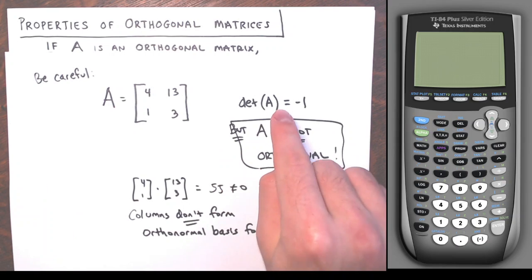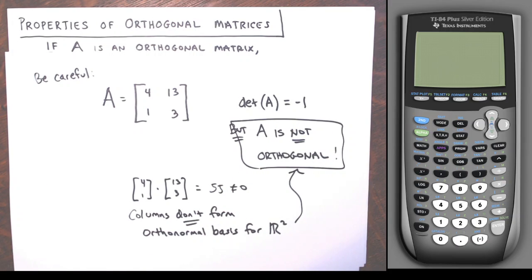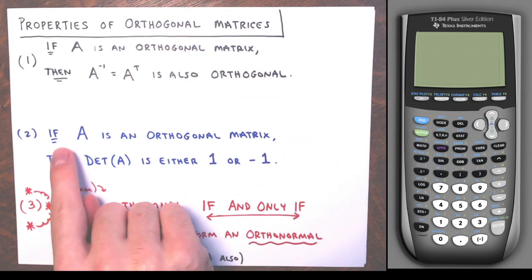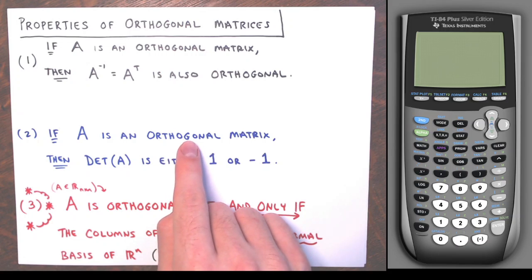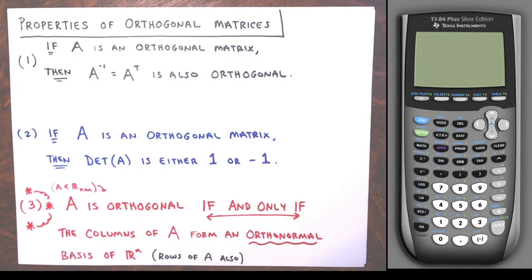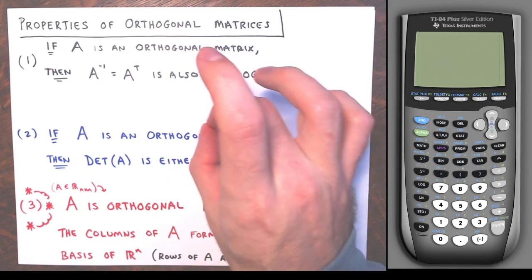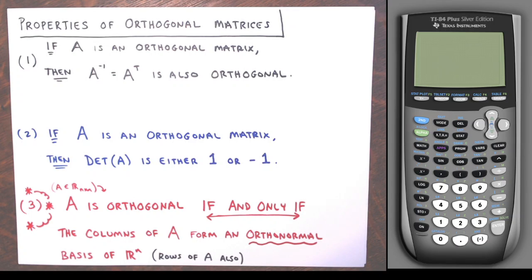So just because the determinant of a matrix is 1 or -1 does not mean it's orthogonal. So be careful with that. But if you know your matrix is orthogonal, then the determinant will be 1 or -1. And then you could do what's called the contrapositive of this.